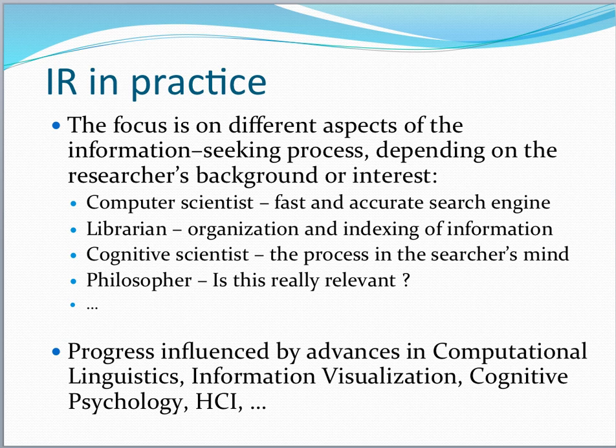Okay, and of course these are from the perspective of a researcher and a discipline. That's what a researcher would ask. If he's in computer science, he's concerned about a fast and accurate search engine. A librarian would be concerned about organization and indexing of information and controlled vocabulary, etc., and also about precision and recall, and also about relevancy too.